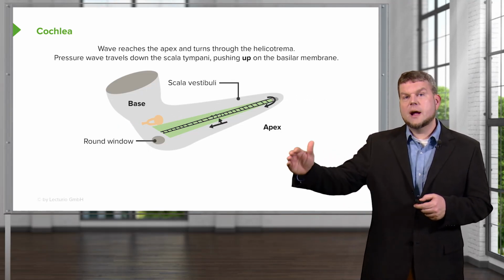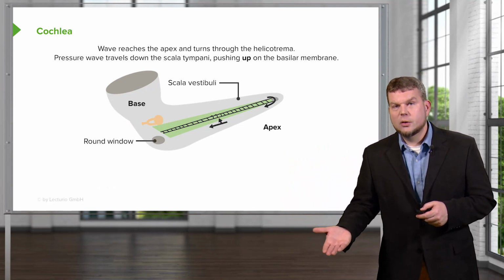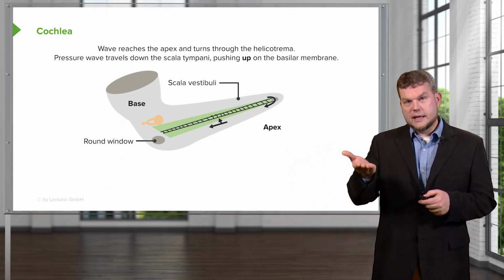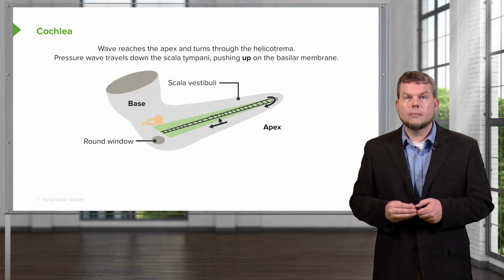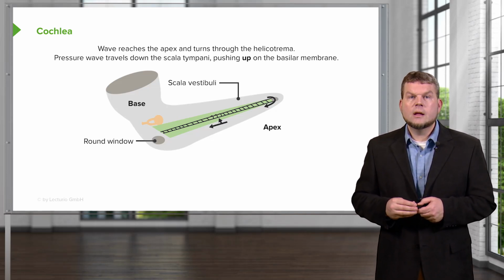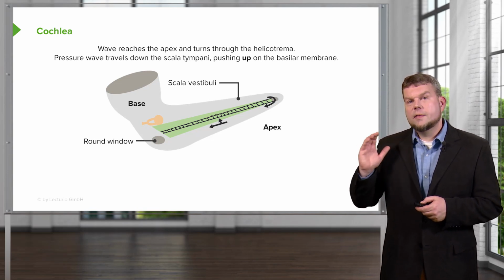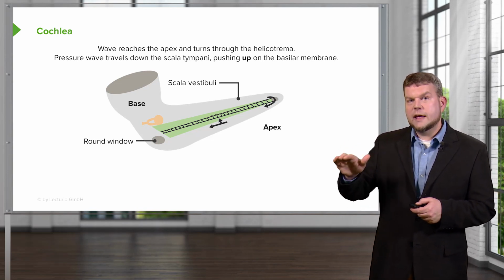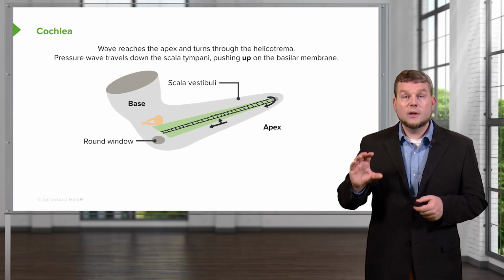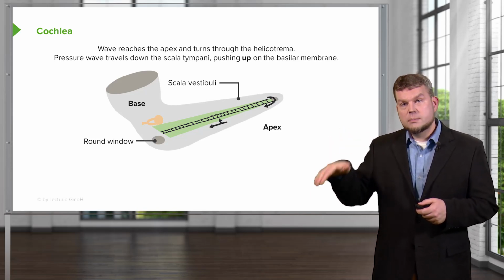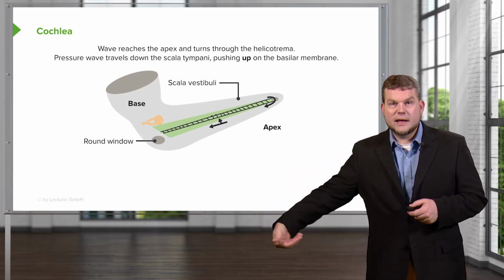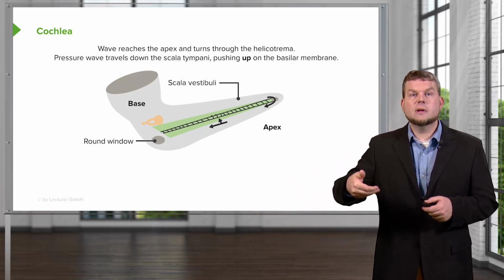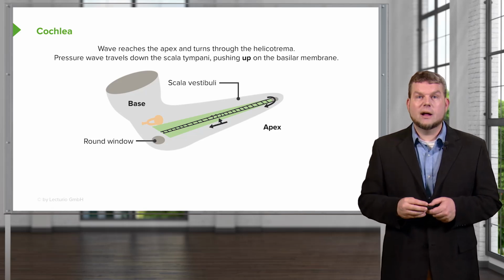As it travels around the apex and back, you'll be pushing now up against that organ of Corti. So as a wave enters in from the oval window, there are certain spots that it will hit on, then it will travel around the apex, and then there are certain spots it will hit on the way back to the round window.